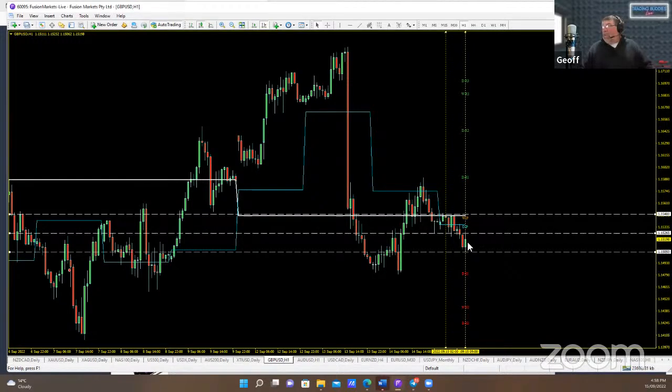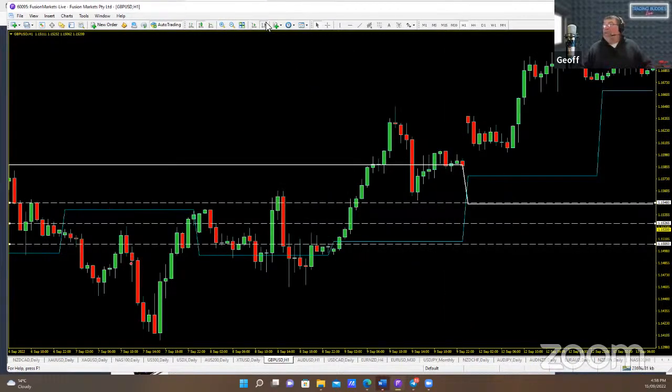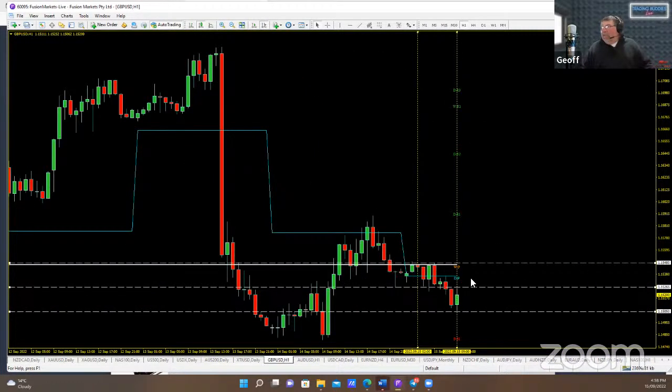We are below that entry point at the moment with about a minute and a bit to go. So what we don't want to do is enter on the level, right? We're not far from it. Need to be away from it a little bit before we enter that particular trade. For those of you who aren't aware of what we're doing here, we're trying to get a breakout of this range between Tokyo Open and current.